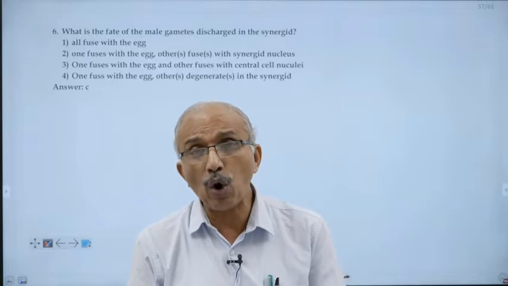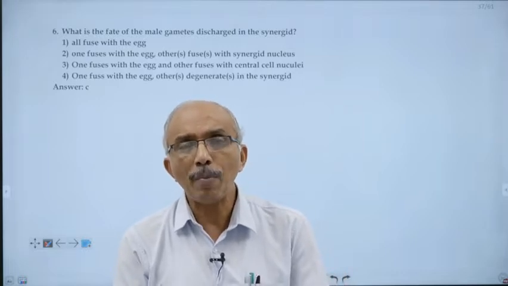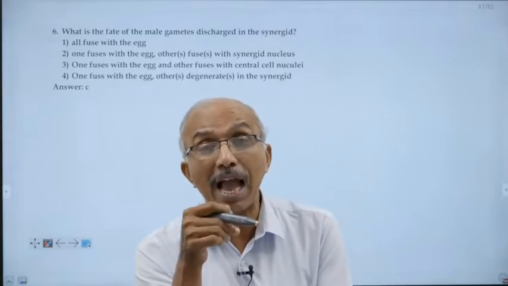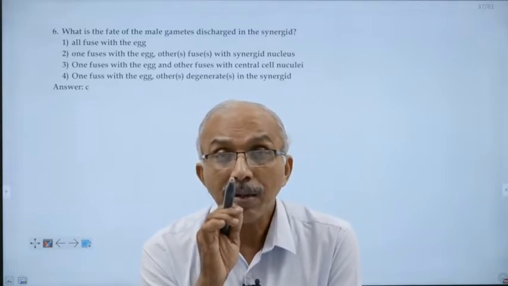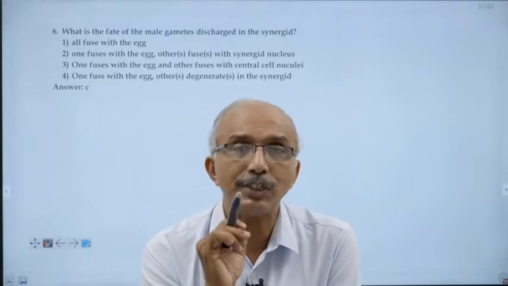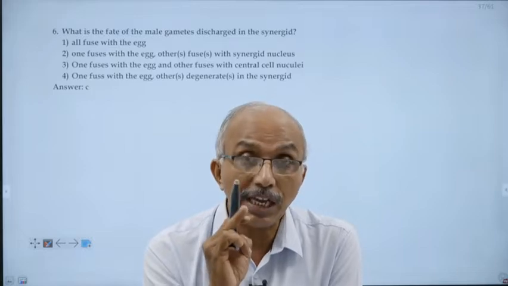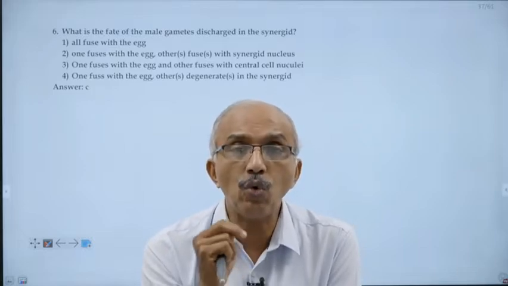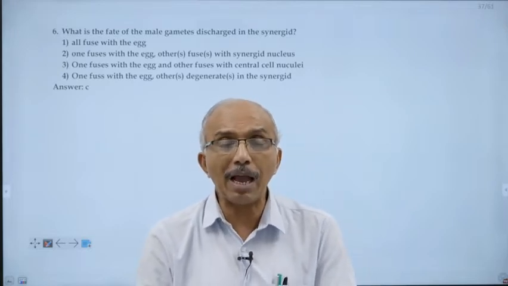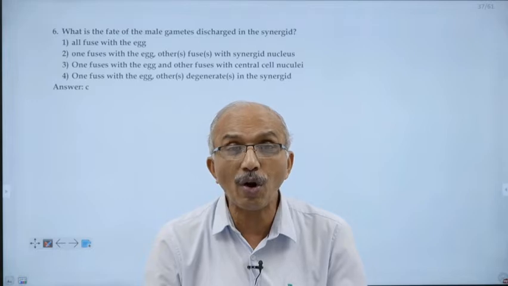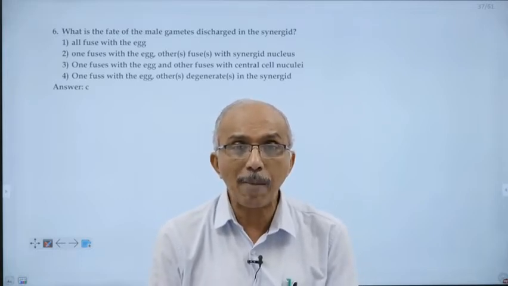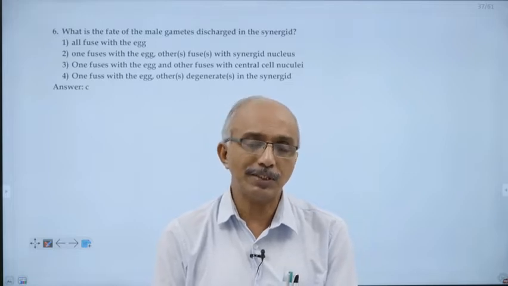It enters into the ovule, usually through micropyle, and discharges its 2 male gametes into one of the synergids. Each pollen tube carries 2 male gametes. What is the fate of these 2 male gametes?